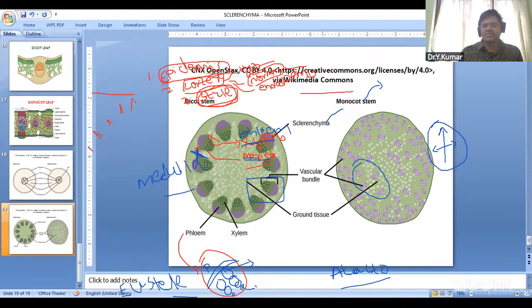And the second one is abnormal secondary growth, but this is not completed; I am just giving the introduction and definition. Abnormal secondary growth is completely opposite to the normal.